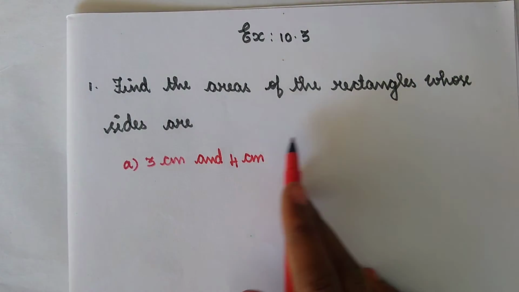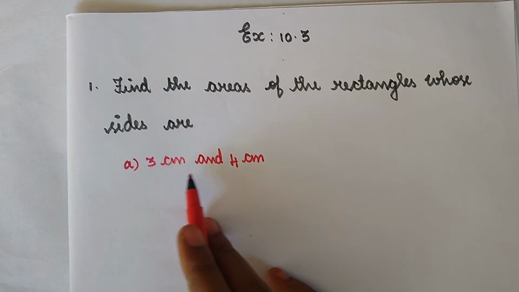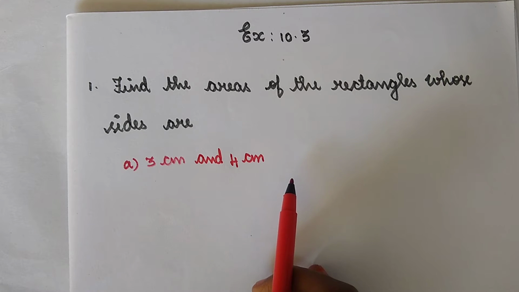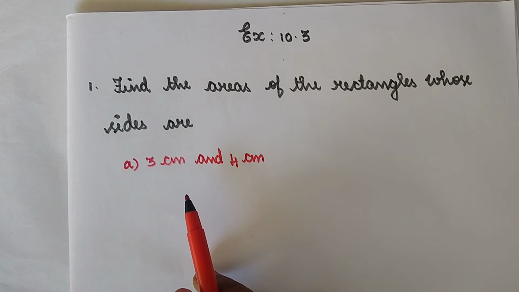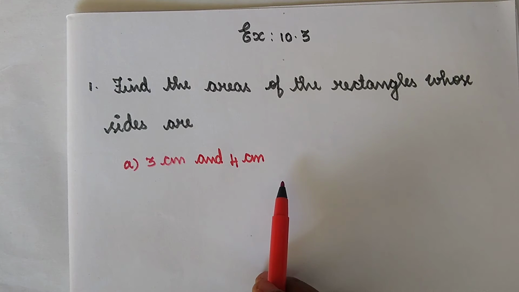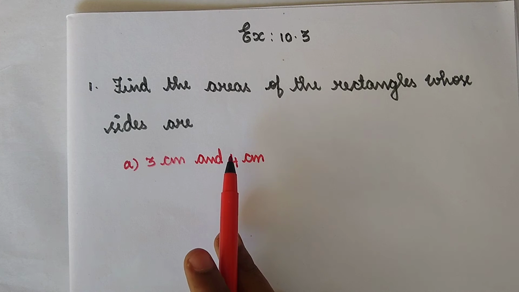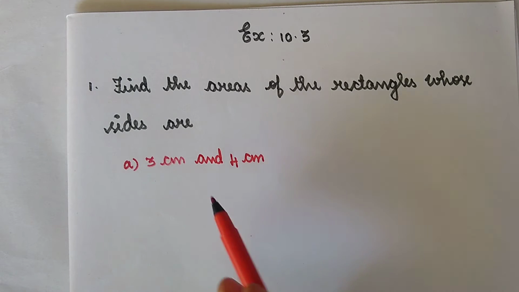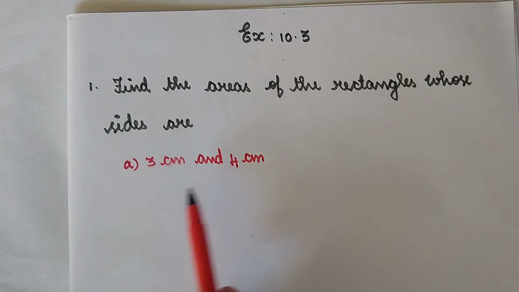Find the area of the rectangle whose sides are 3 centimeter and 4 centimeter. Here given are the sides of a rectangle, and we have to find the area of the rectangle by using these two sides.